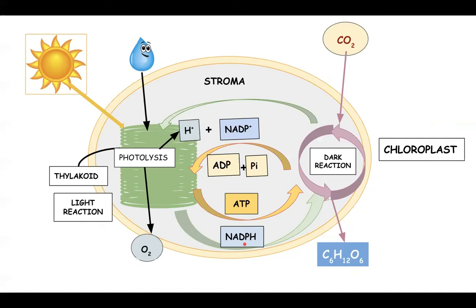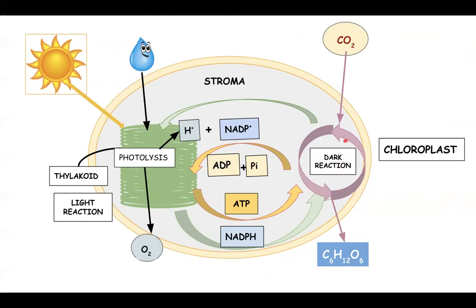Now, after NADPH, the hydrogen carrier, has given up hydrogen here, it comes back as NADP plus. Once it comes back as NADP plus, it takes up another hydrogen, another electron, and goes out again as NADPH. So this is continued as a cycle so that the formation of glucose takes place.